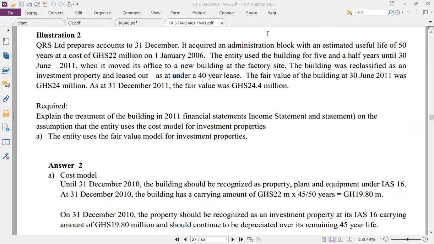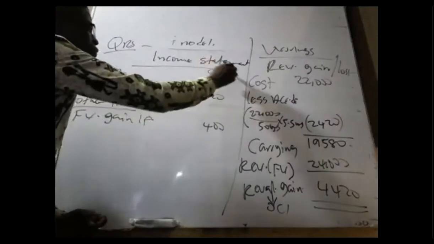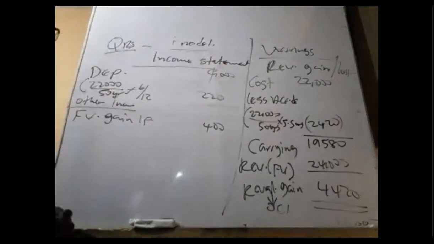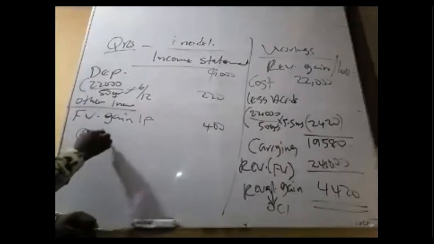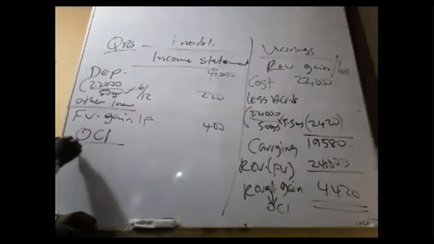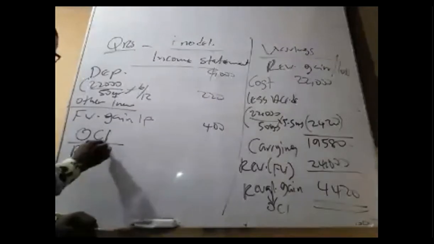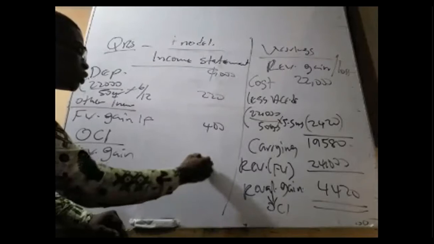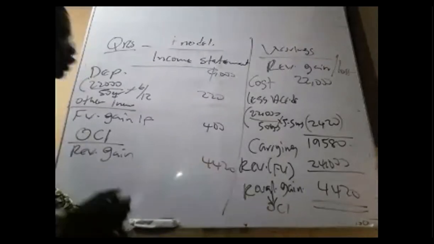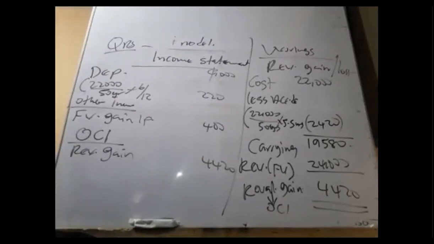Let's take note of that. Then you go to OCI: revaluation gain, we have 4,420. So this is how the P&L looks.